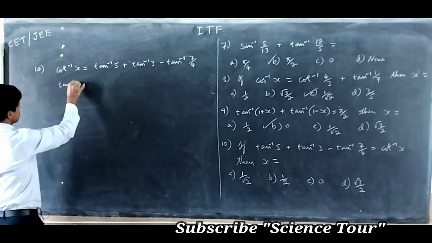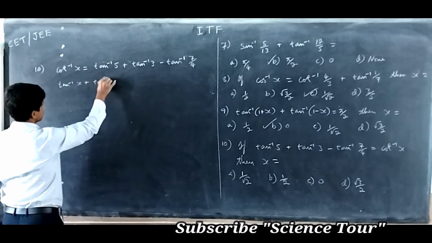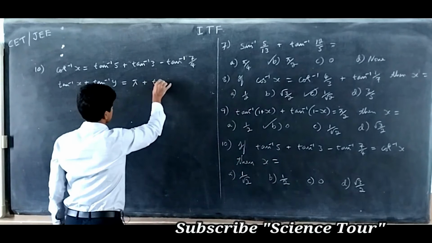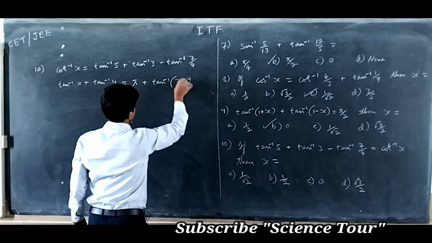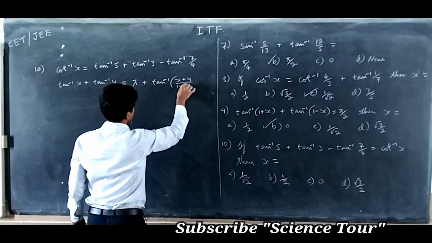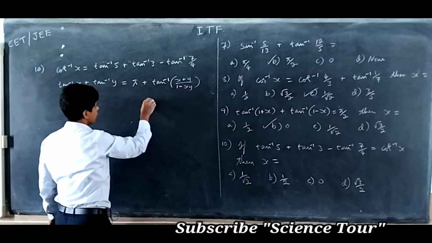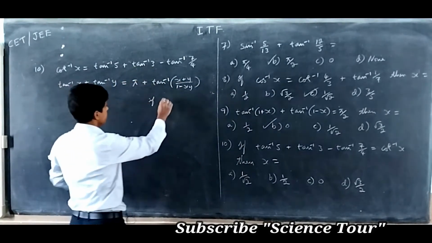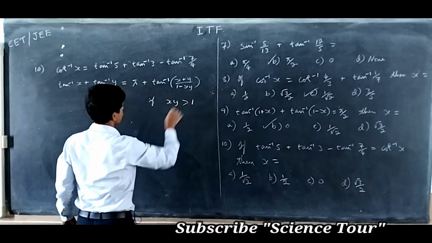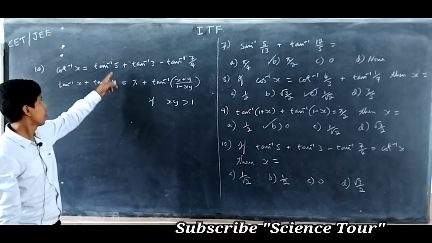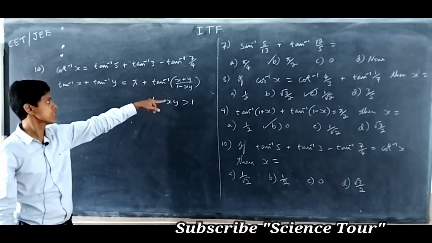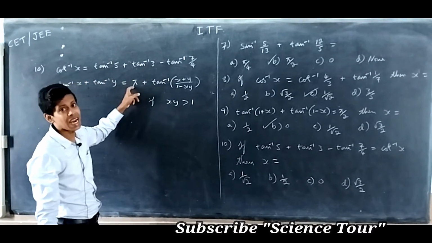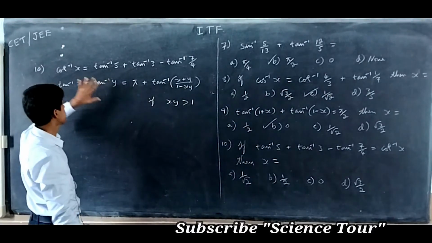Tan inverse x plus tan inverse y is equal to pi plus tan inverse of x plus y by 1 minus xy, if x into y is greater than 1. Now 5 into 3 is 15, which is greater than 1 obviously. Therefore, when you use the formula for this, you must add pi. Please keep that in mind.